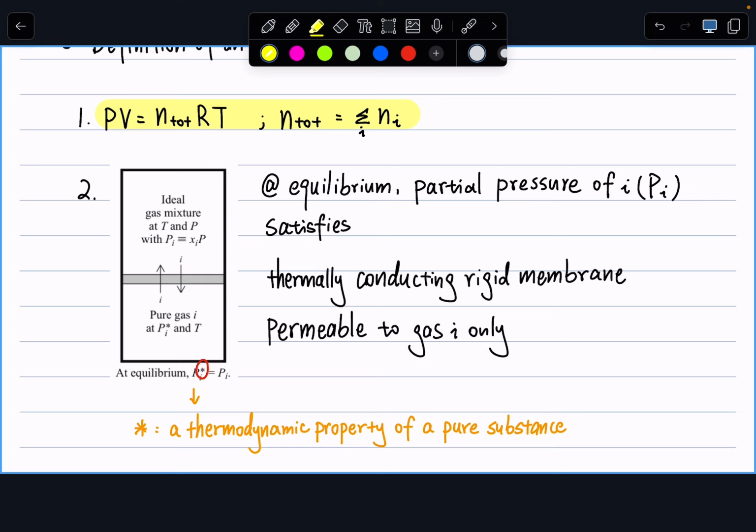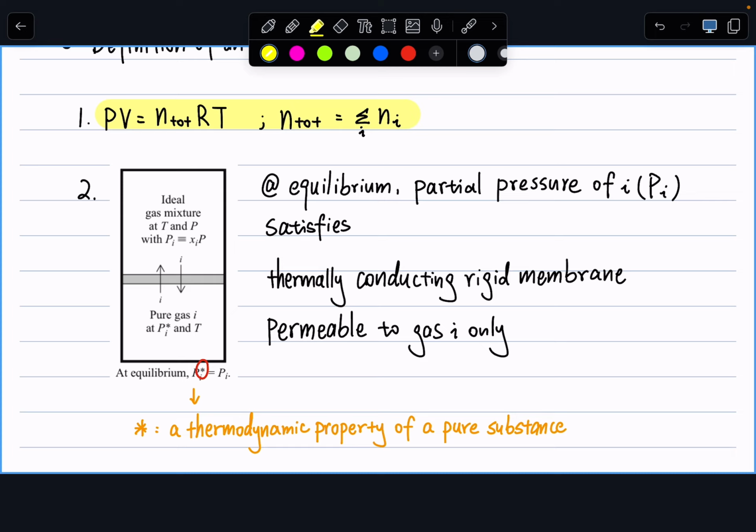But in this case, instead of having only PV equals nRT, we now have n total. So if you think about a process involving A ideal gas plus B ideal gas goes to C ideal gas, in here my n total equals n_A plus n_B plus n_C.